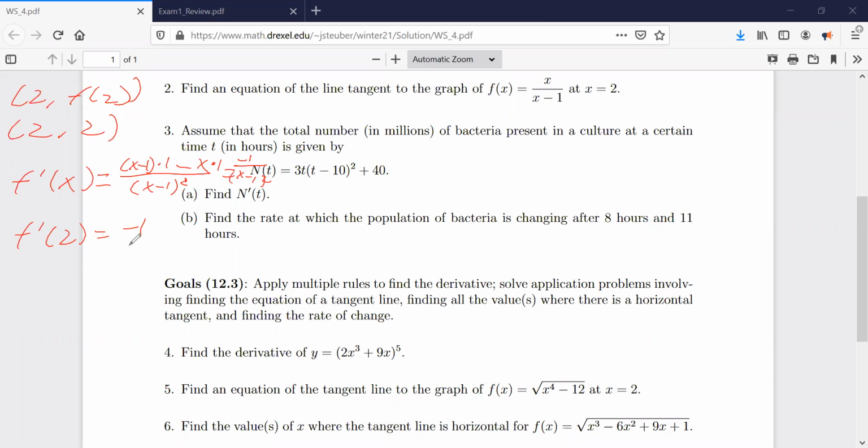Then I plug in: y minus 2 is equal to negative 1 times x minus 2. That all comes together to give you y equals negative x plus 4, since 2 plus 2 is equal to 4.